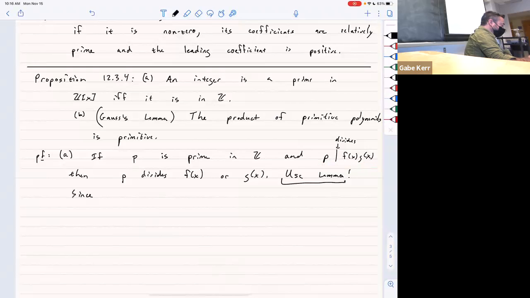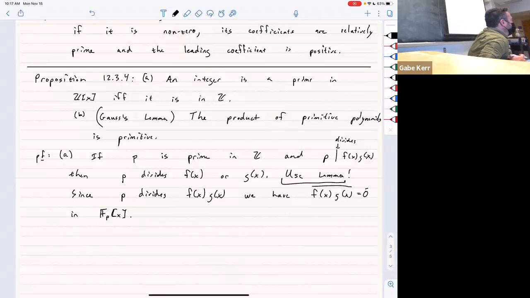But since P divides the product, we have that f times g is 0 mod P. Look at this.